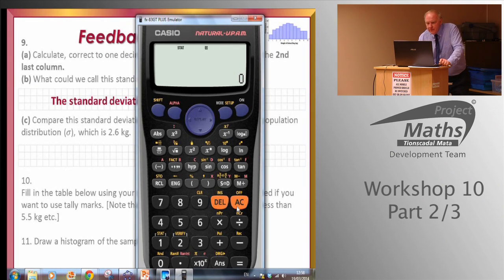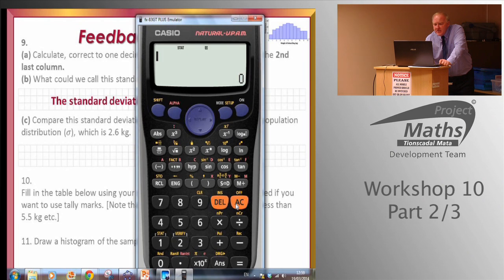Okay, now if I go mode 2, 1, and if I go 4.8 equals, 4.7 equals, 5.6. If I just take 3 of them, equals.